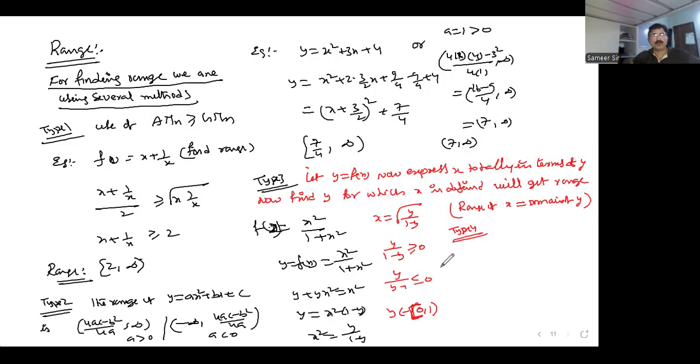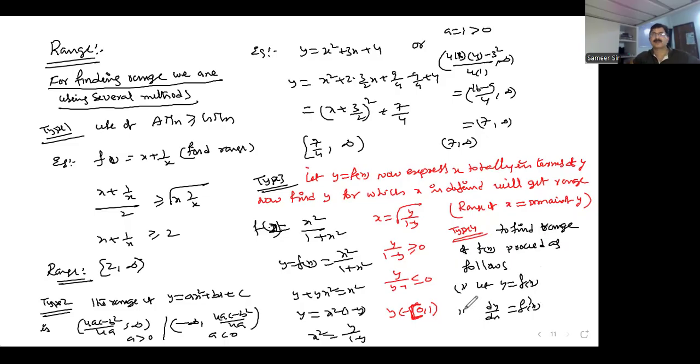Okay, type 4 क्या है देख भाई, to find range. To find range of f of x, proceed as follows. First one, let y is equal to f of x. Okay, you get dy by dx equals f dash x.